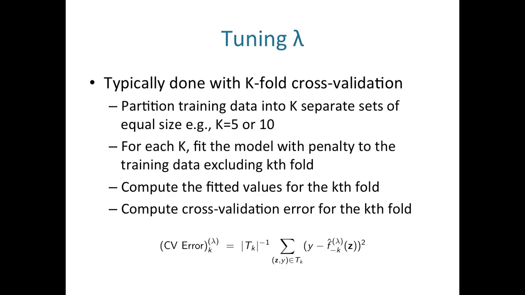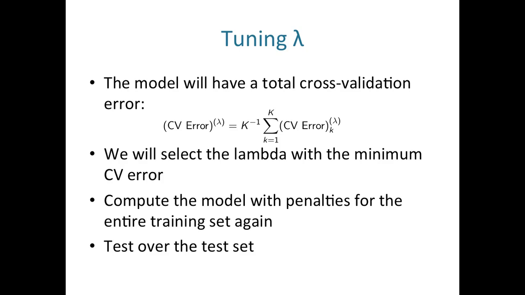So k minus 1 folds are used to fit the model, to approximate the coefficients, and then the kth fold is used as a cross-validation fold to approximate the lambda value. And of course, the lambda value that is selected is the one that has the minimum error during the cross-validation.